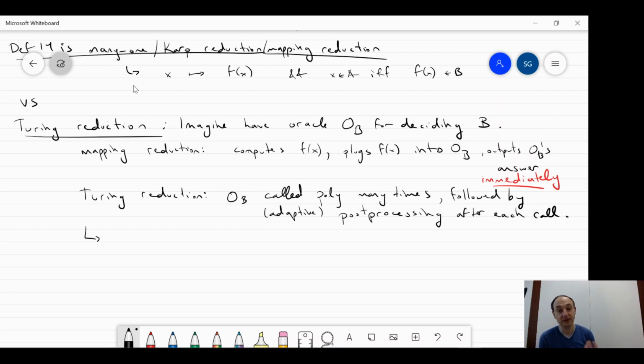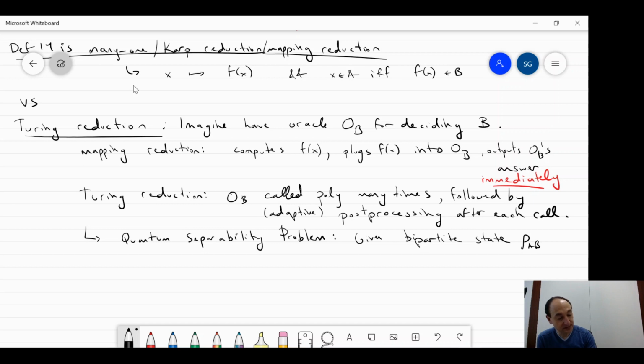It's not provable, but as far as we can tell, there's something called the quantum separability problem. In this problem, we ask, given a bipartite quantum state, and when I say given, I literally write out the matrix for you, this is important, you want to ask: is rho AB entangled?